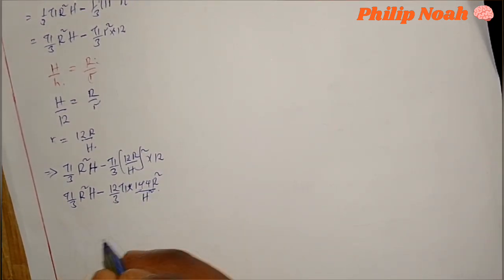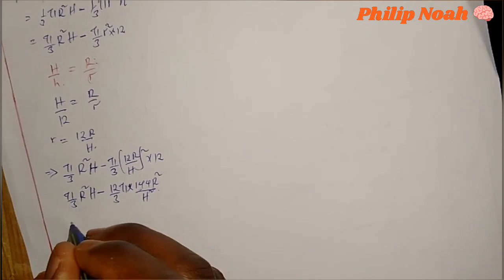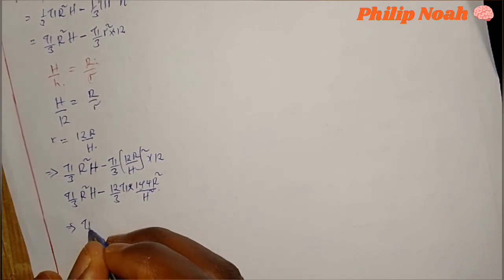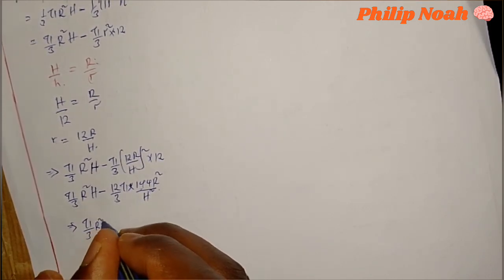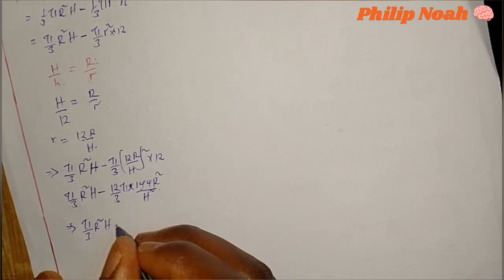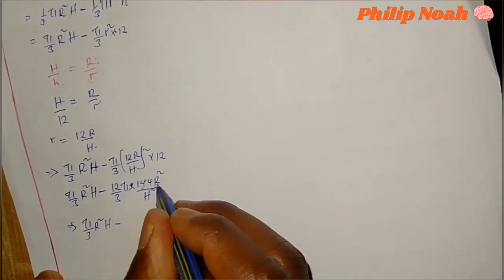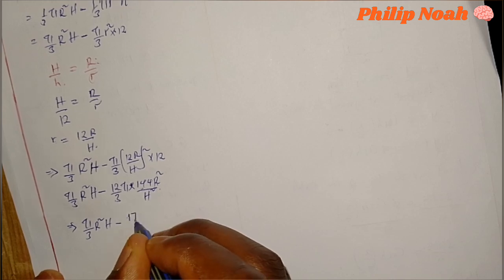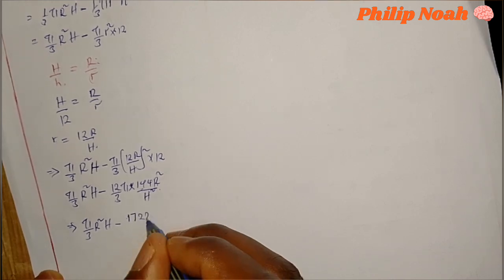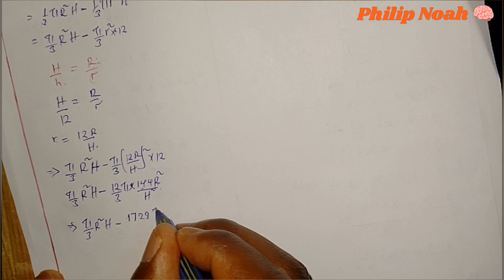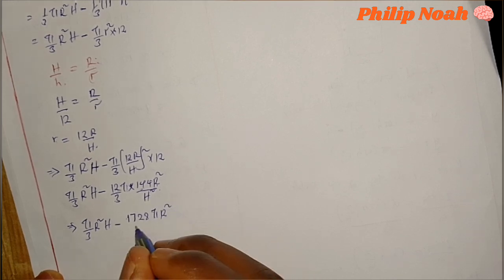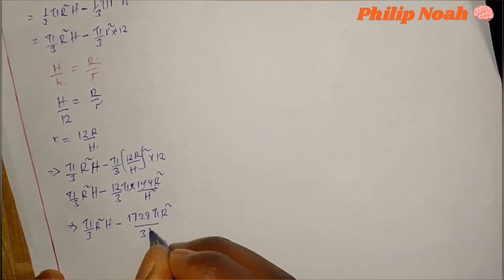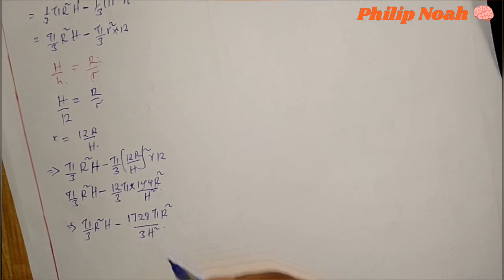If we simplify this, it becomes pi over 3 R squared H minus, this times this, we get 1728 pi R squared over 3H squared.